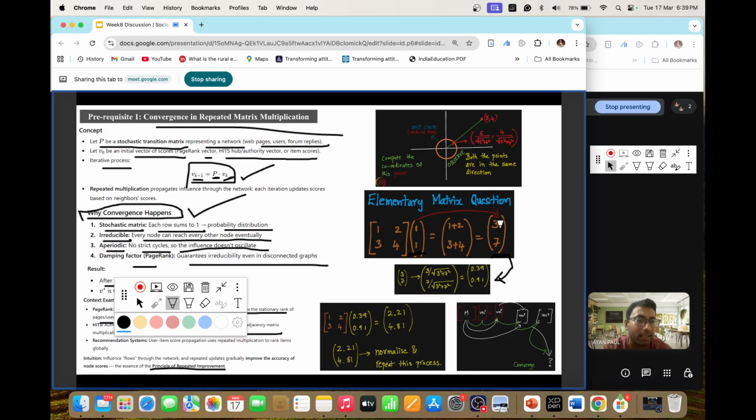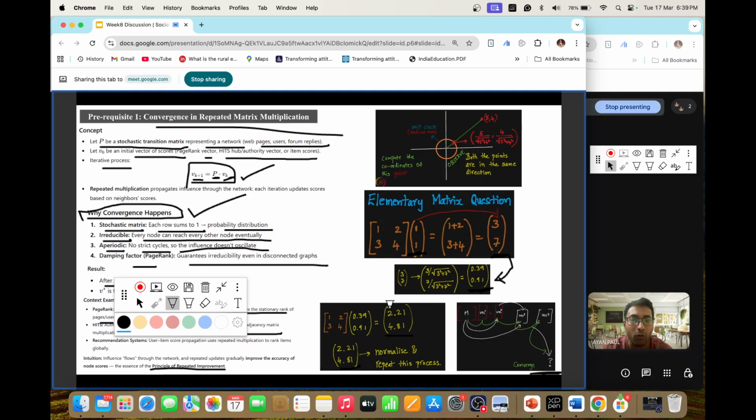Normalization is very easy: 3 by root over 3 square plus 7 square, similarly 7 by root over 3 square plus 7 square. After normalization we again multiply with this matrix, get a new vector, and again normalize, and eventually this will converge.